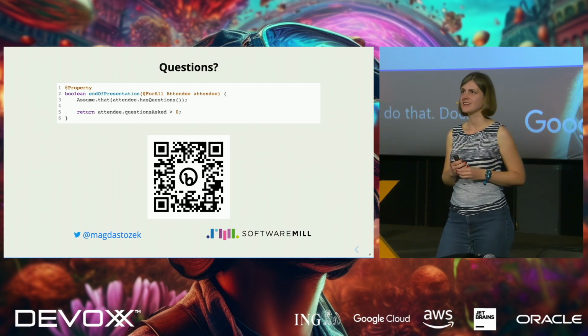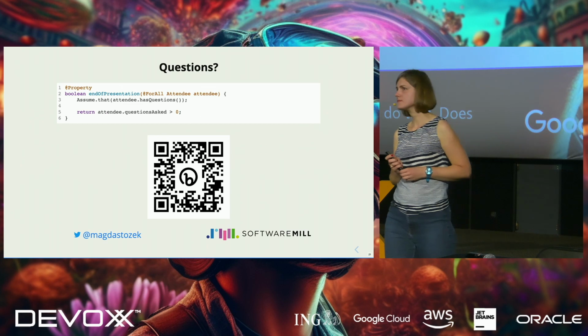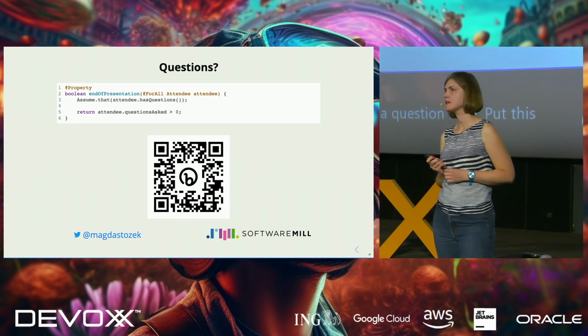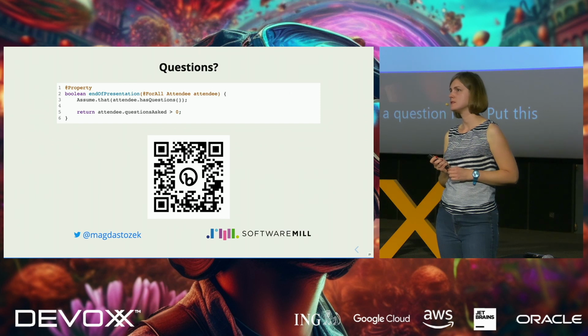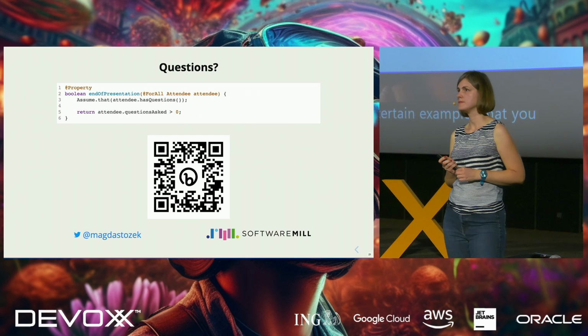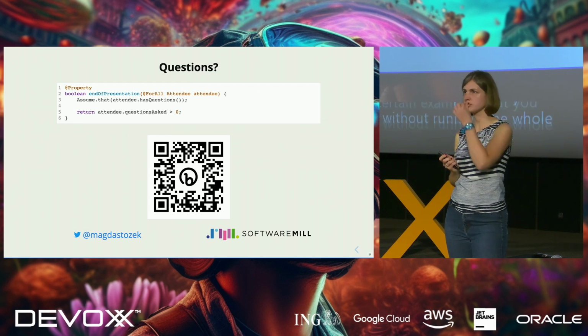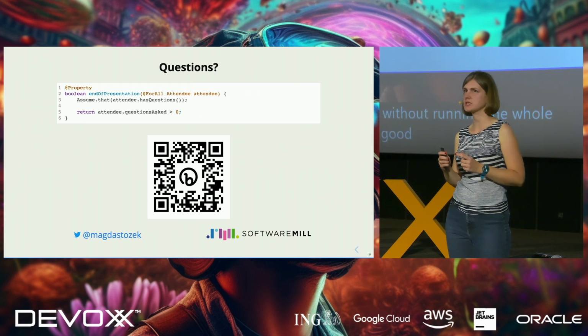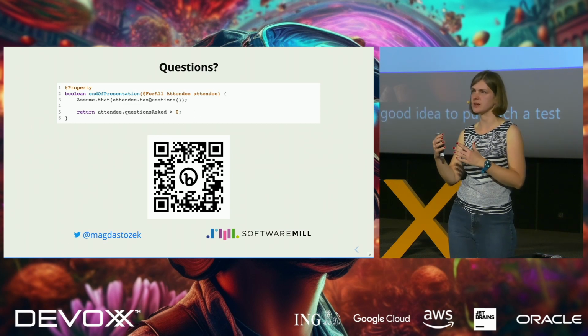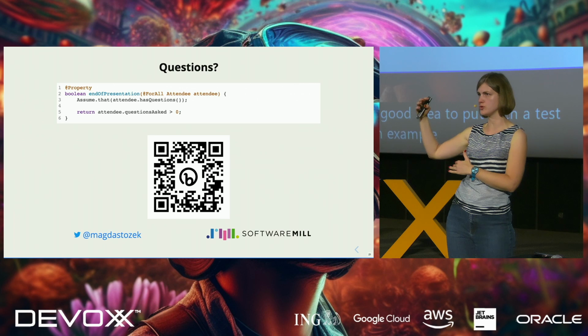Great. I see a question here. Another approach: would you put this into explicit unit tests also, if you have a failure with a certain example, so that you don't make that fail again without running the whole seed? So the question is, is it a good idea to put such a test with a seed and make it actually an example-based test and put it in your unit test?